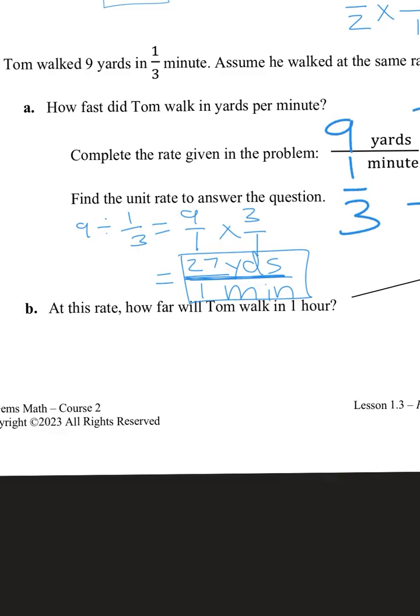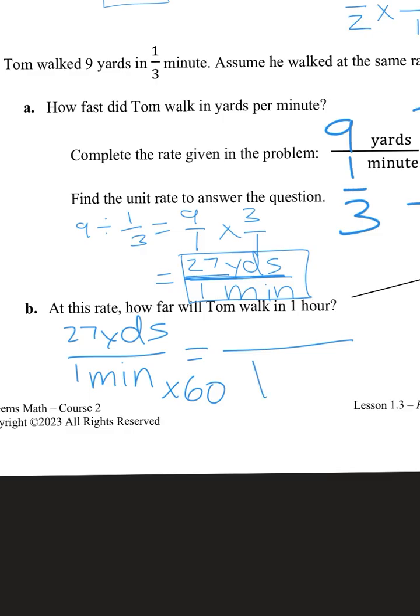There are 60 minutes in an hour. So let's go ahead and rewrite 27 yards in 1 minute. In order to change minutes to hours, we're going to have to multiply. So what are we going to multiply by? There are 60 minutes in an hour. So we're going to multiply 1 times 60, and that'll give us hours.